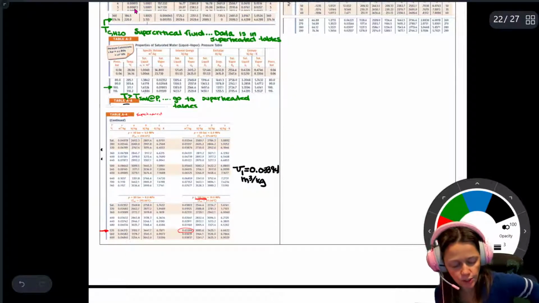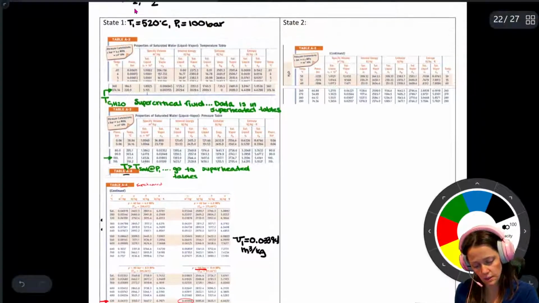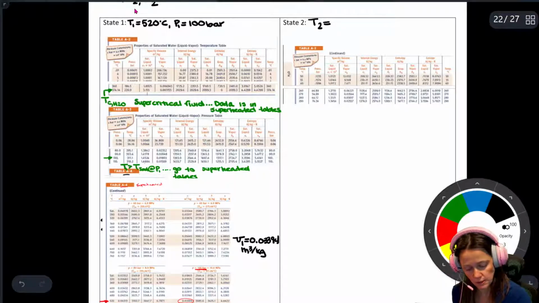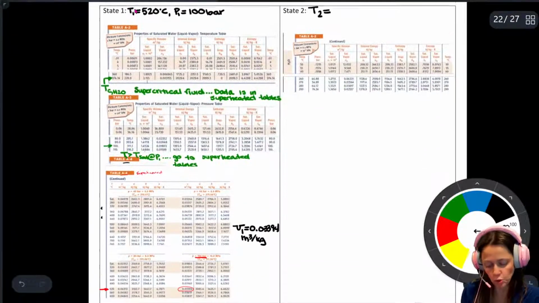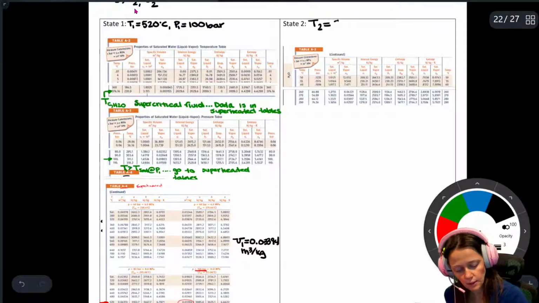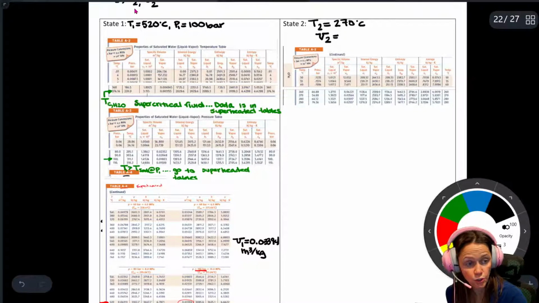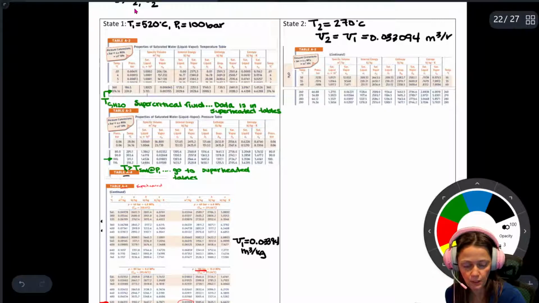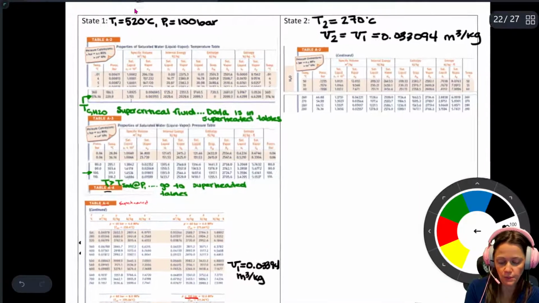And then for state 2, your T2 is given to you as 270 degrees Celsius. And then we've already said it's a rigid tank, so V2 and V1 are equal to one another, 0.03309 meters cubed per kilogram. So you need to figure out what phase you're in.